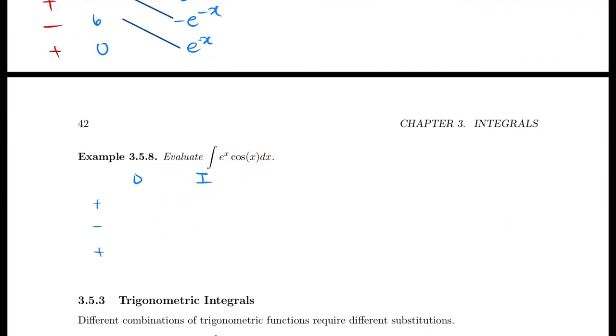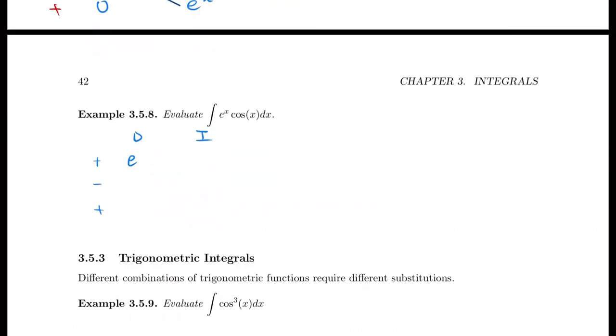All right. So I'm going to repeat e to the power of x, which if we differentiate, is still going to be e to the power of x. And the one that we're going to be integrating is the cos of x. So the integral of cos of x is sine of x, and then negative cos of x.